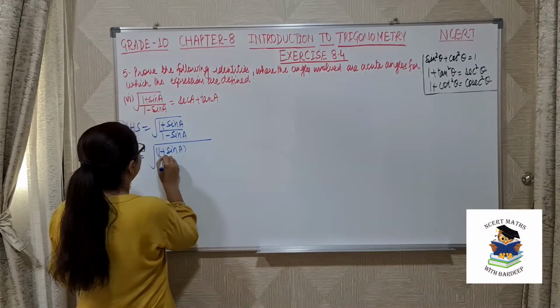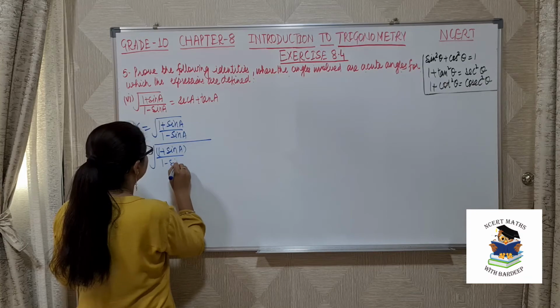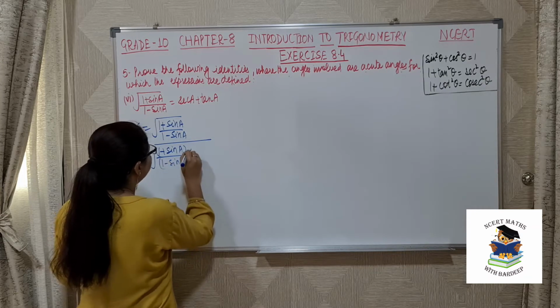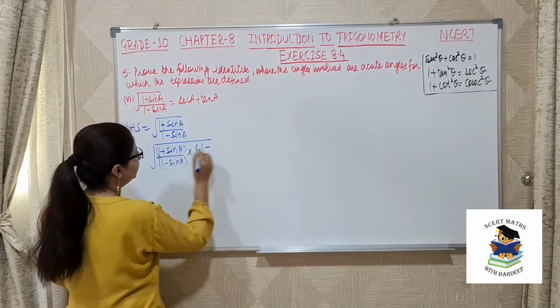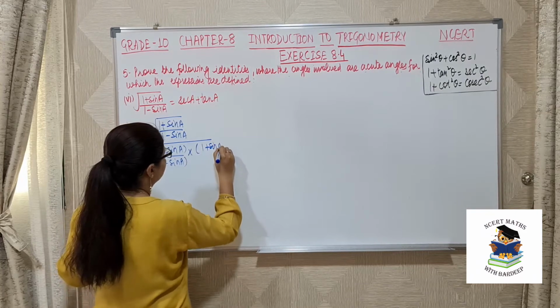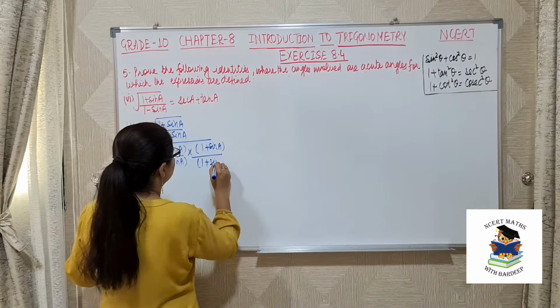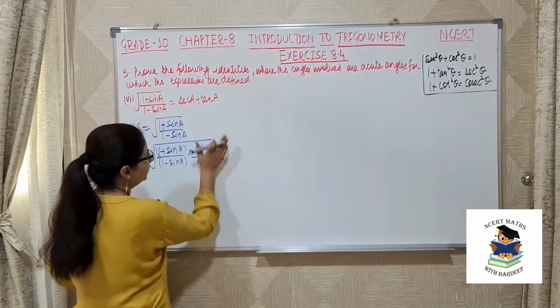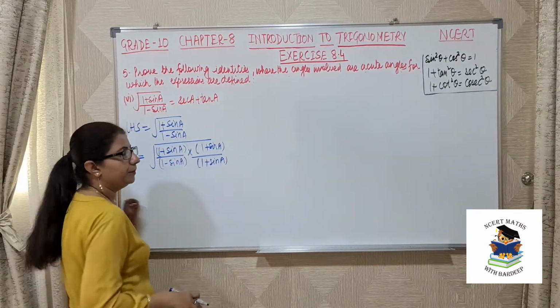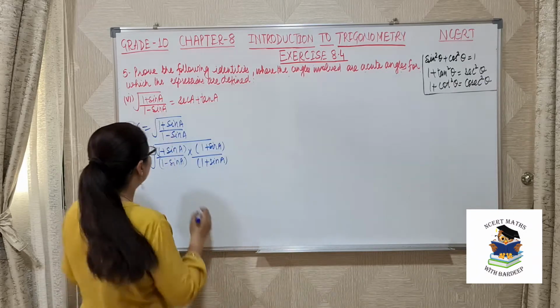1 plus sine a over 1 minus sine a. So I am going to multiply, this is minus, this is plus here, over 1 plus sin A. Same term with opposite sign. It should be multiplied with numerator and denominator.